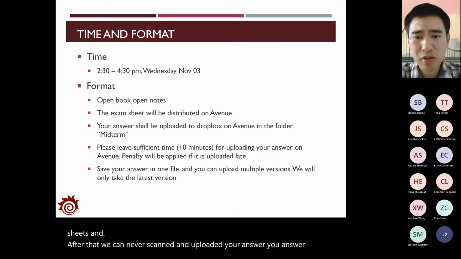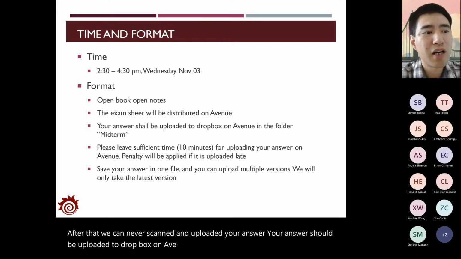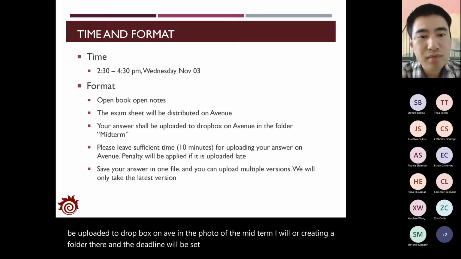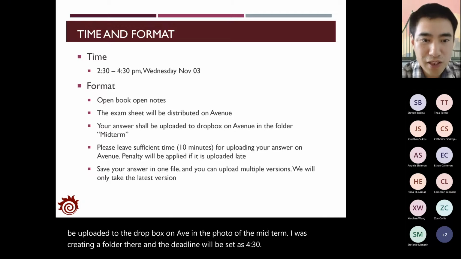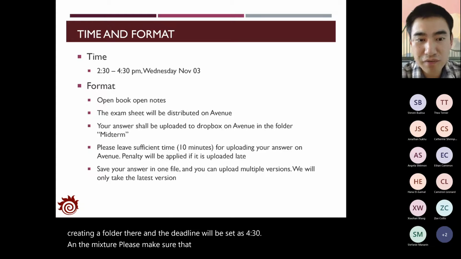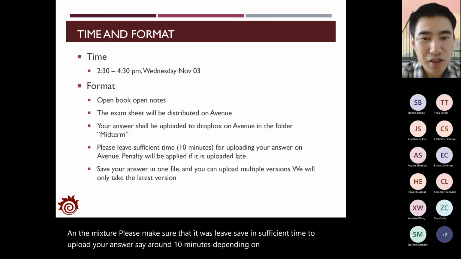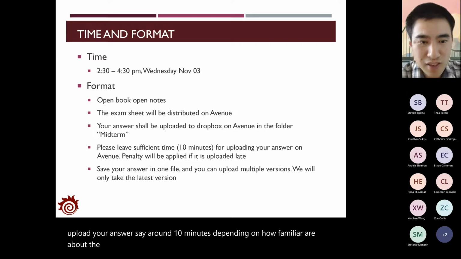Your answer should be uploaded to the Dropbox on Avenue in the folder of the midterm. I will create a folder there, and the deadline will be set at 4:30. Please make sure that you save sufficient time to upload your answer, say around 10 minutes, depending on how familiar you are with the scanning and uploading process.